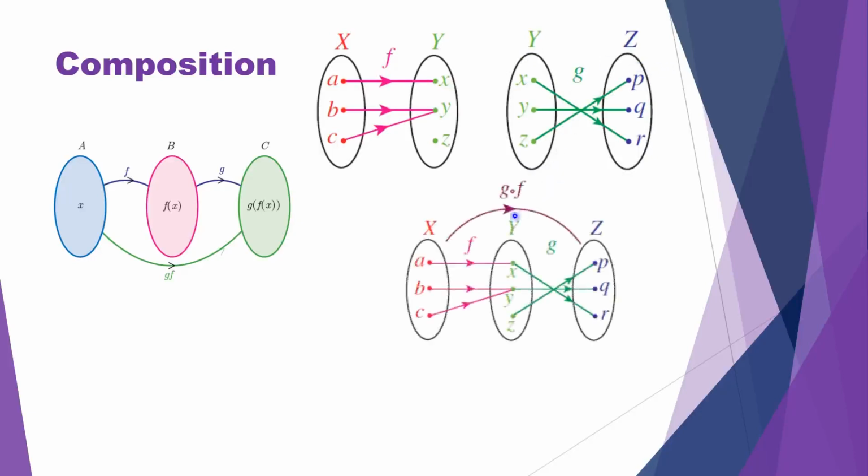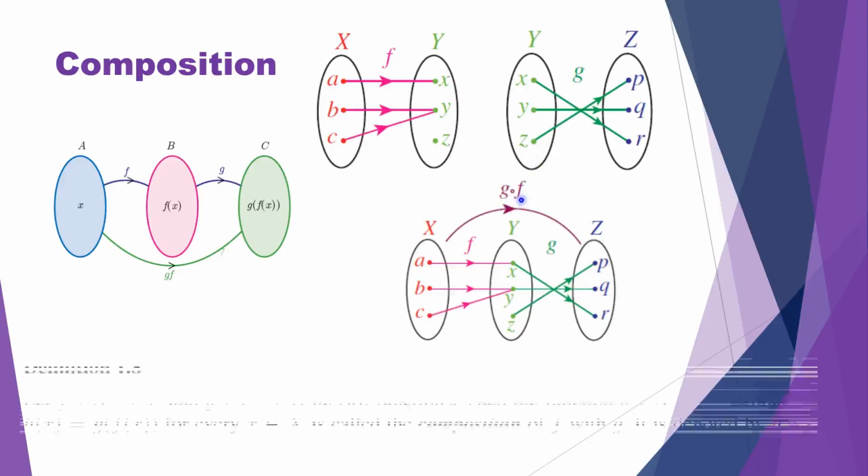Then we define G composite F like this. Are you all able to understand this? From this, we understand that for the first function, the codomain must be equal to the domain of the second function. Then only we can define the G composite F.